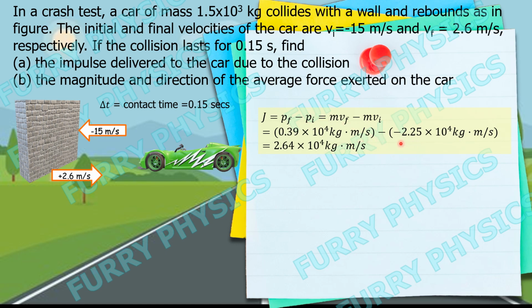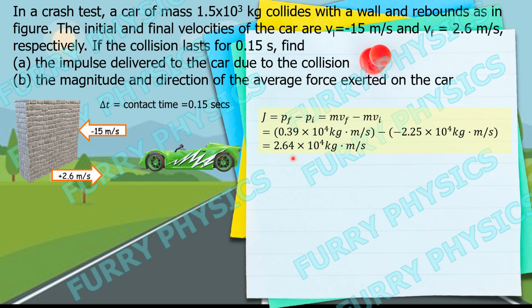The initial momentum is negative 2.25 times 10 to the 4th kilogram meter per second. It's negative again because the car is moving to the left, and by convention, we take the direction going to the left as negative and the direction going to the right as positive. Hence, the impulse is 2.64 times 10 to the 4th kilogram meter per second.